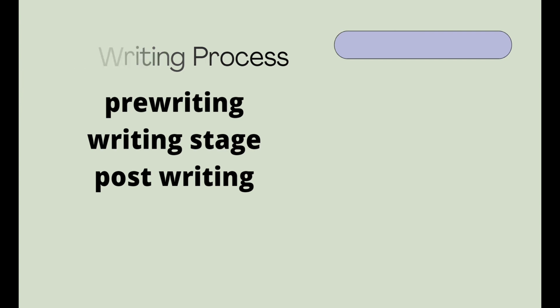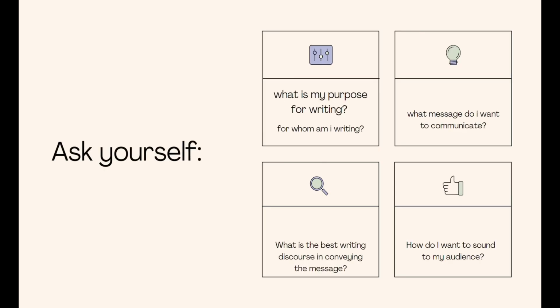In your writing process, you can ask yourself the following questions, just to make sure that you are able to convey to the readers what you want them to know. First, what is my purpose for writing? For whom am I writing?